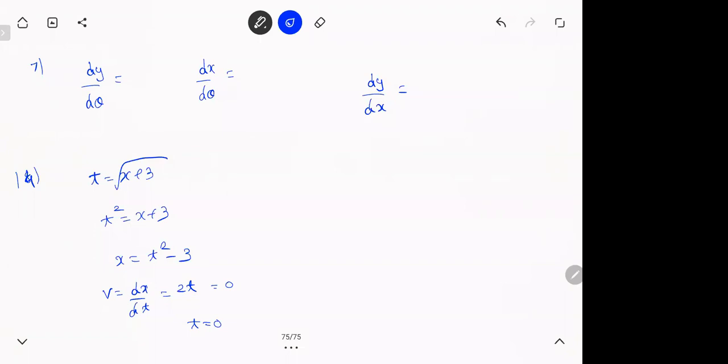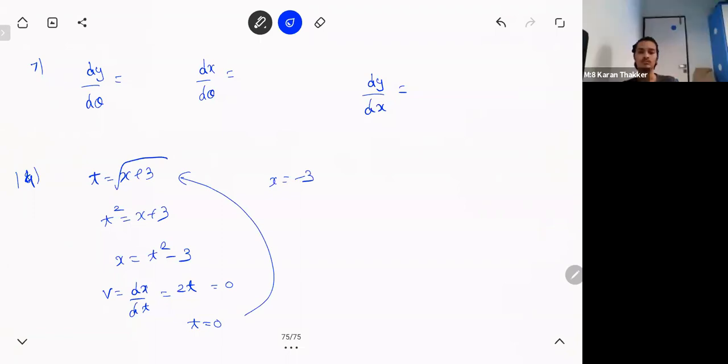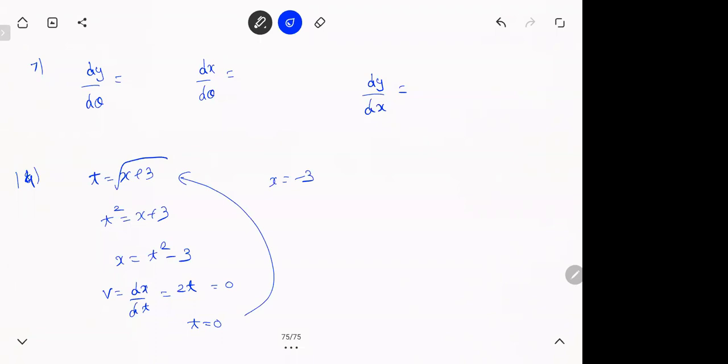The displacement of the particle when the velocity is 0. Okay. Yeah, substitute t as 0 here, you'll get x is minus 3. No, wait. I think you're not getting an answer. Displacement of the particle. t square is x plus 3, x is t square minus 3.